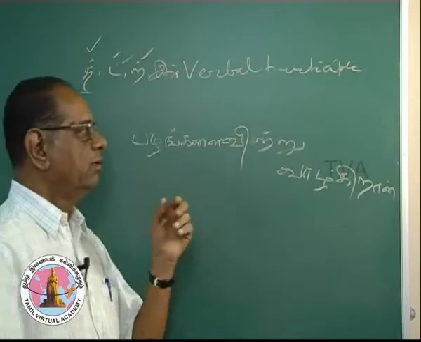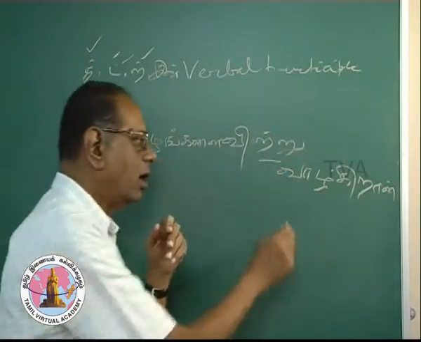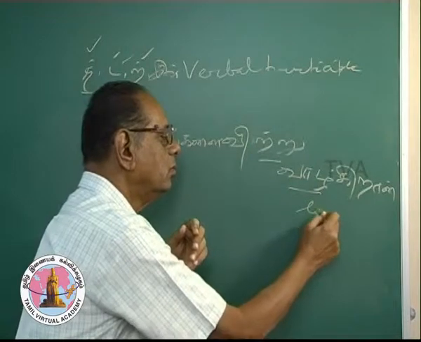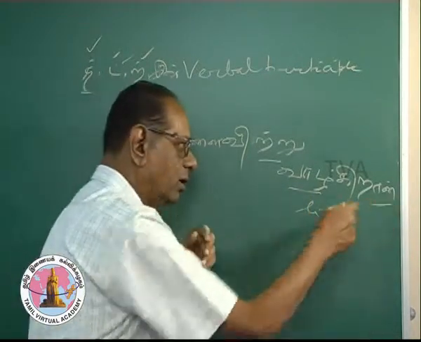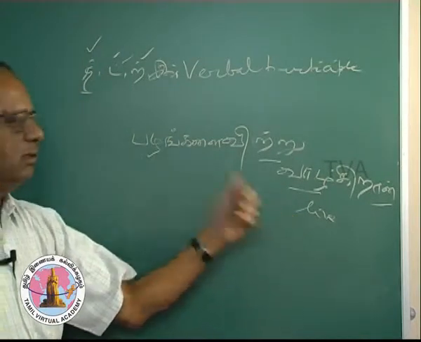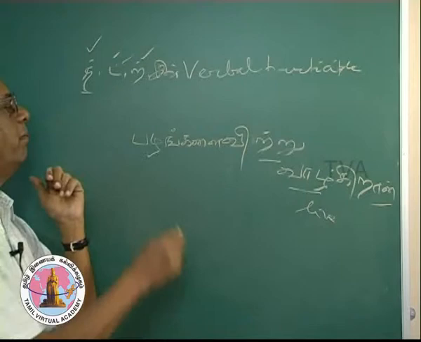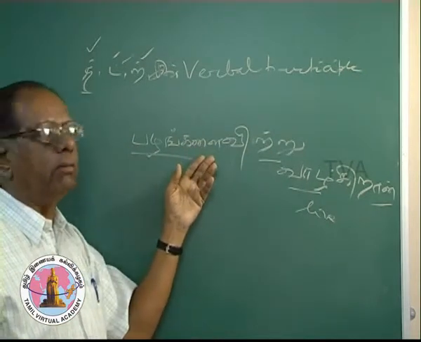பழங்களை விற்று வாழ்கிறான். வாழ், to live. வாழ்கிறான், lives, present tense. So naturally the subject is avan. Param, you know, and I have used the plural form.